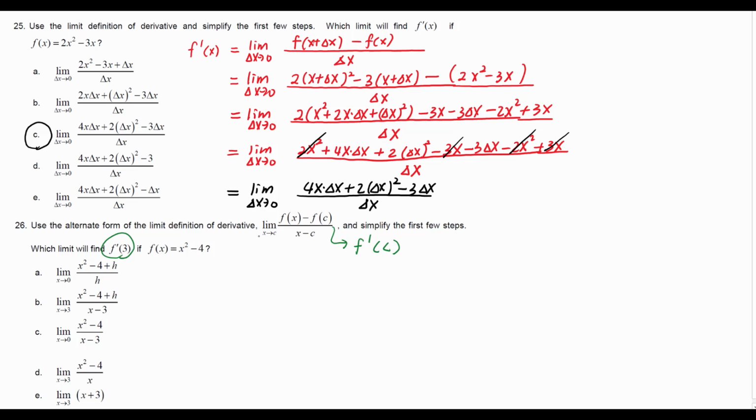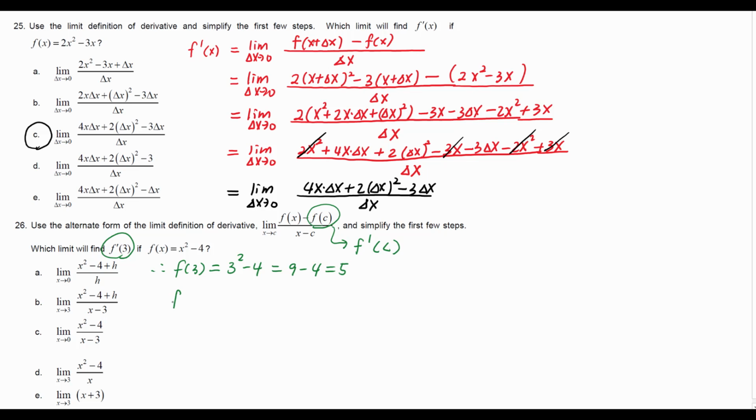So to find that, I do want to have f of 3. So let's first get f of 3 to make our calculation easier. And f of 3, when you apply it to your f of x above, is 3 squared minus 4, which is equal to 9 minus 4, which is 5.